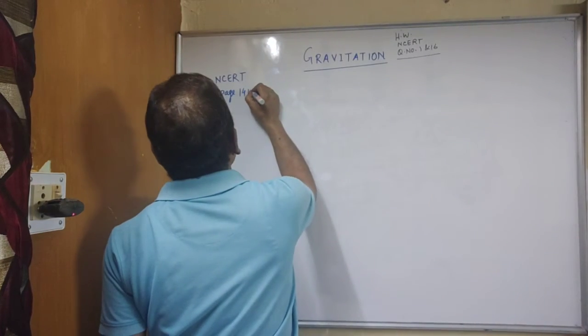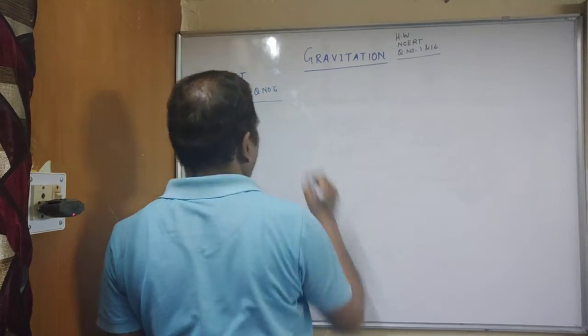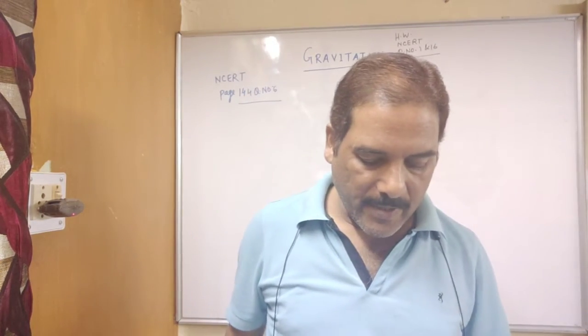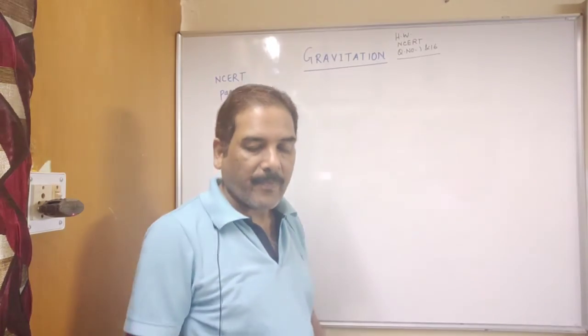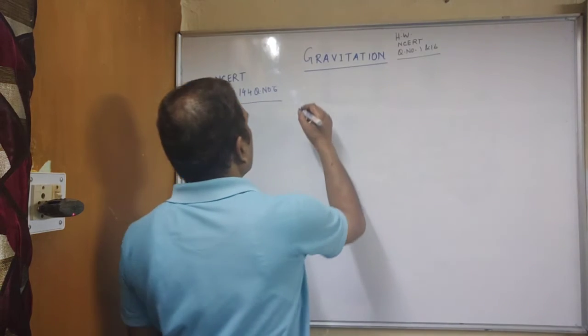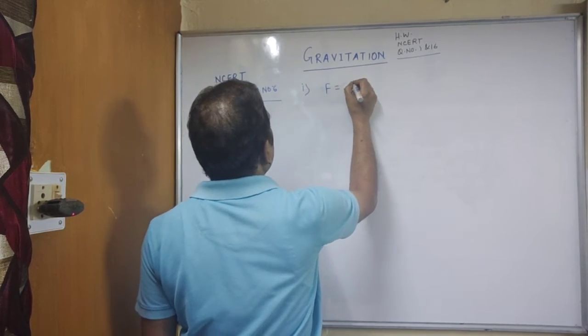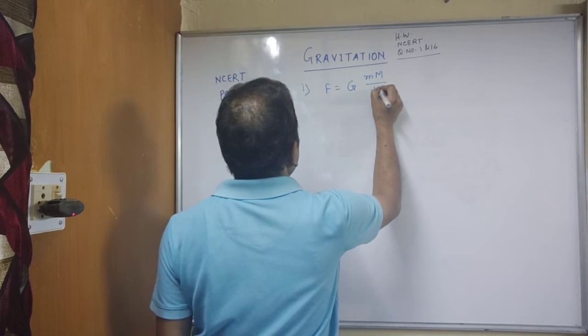Page 144, question number 6. In question number 6, what happens to force between two objects if the mass of one object is doubled? So, as we know, the force between two objects is equal to G M m by d square.